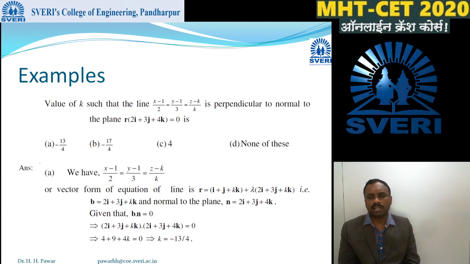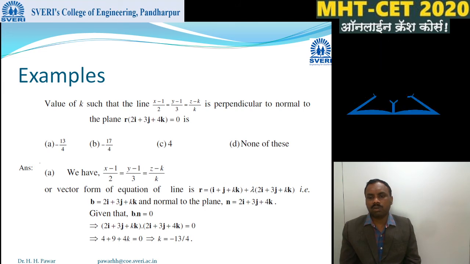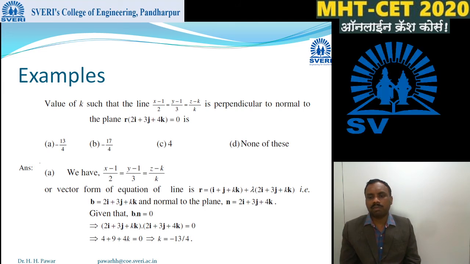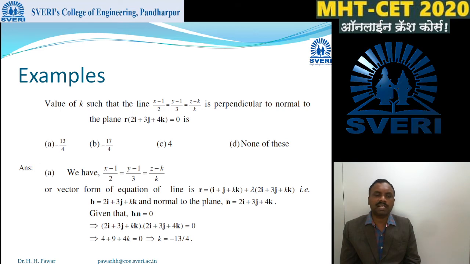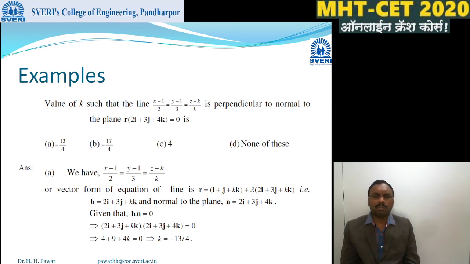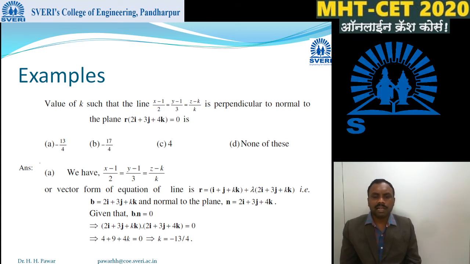So the vector equation is i plus j plus k into k cap plus lambda into 2i plus 3j plus k into k cap. That is b bar is equal to 2i plus 3j plus k into k cap, and the normal to the plane is n bar equal to 2i plus 3j plus 4k.